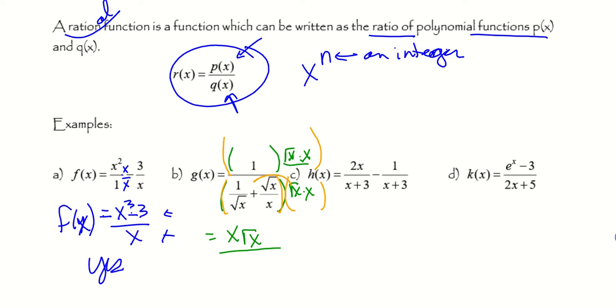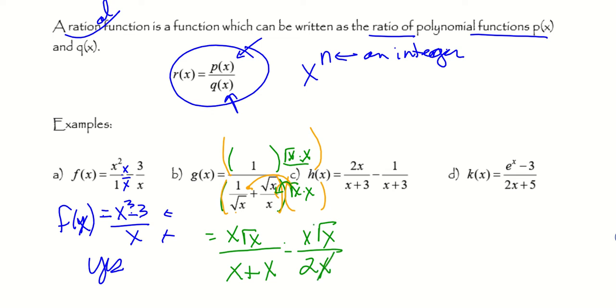We would distribute this to each fraction, and the root x's would divide out, giving us x, plus, when we distribute to the second fraction, the x's divide out, giving us the square root of x times the square root of x, which is the square root of x squared, or just x, as long as x is positive. So we can simplify that, and that gives us x root x over 2x.